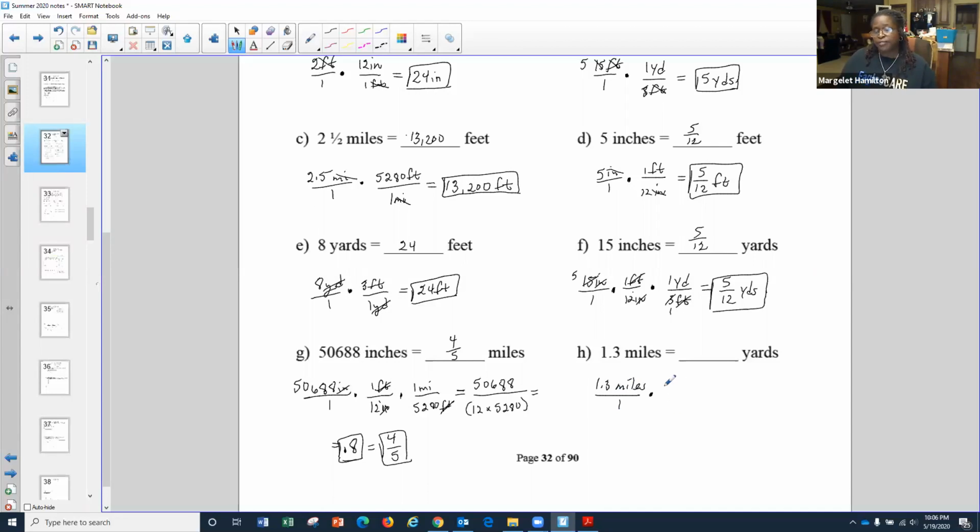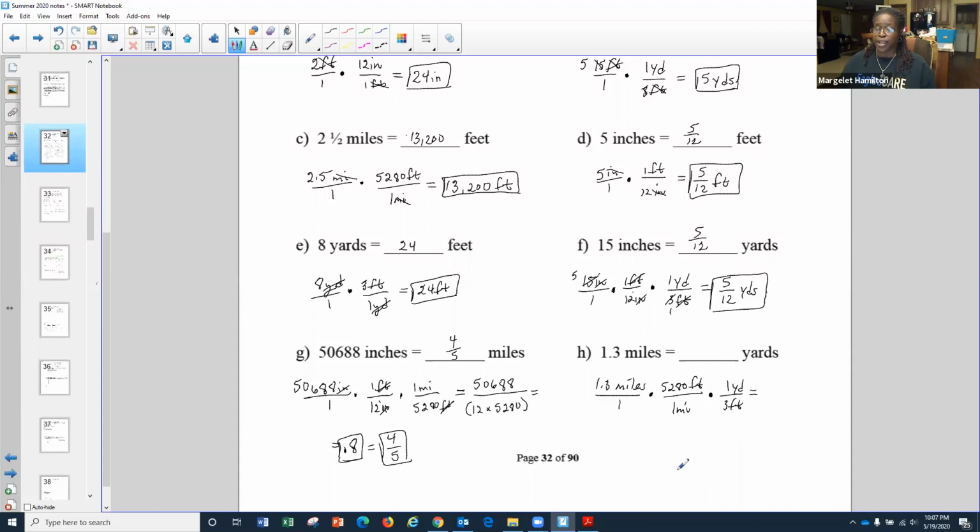And so we have 5,280 feet to 1 mile. But then we can go from feet to yards. So we have 3 feet to 1 yard. There's our conversions.